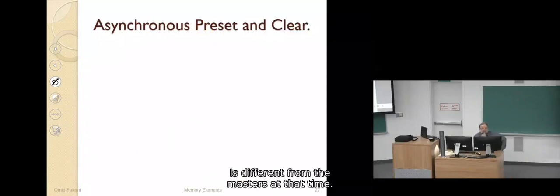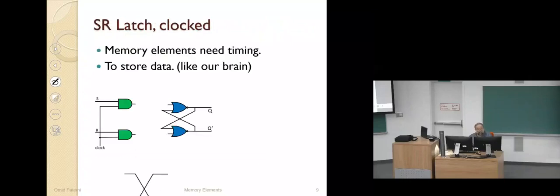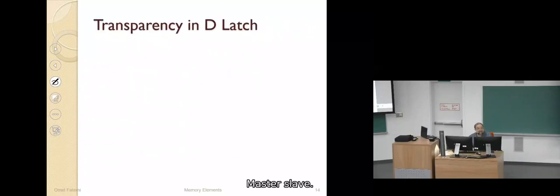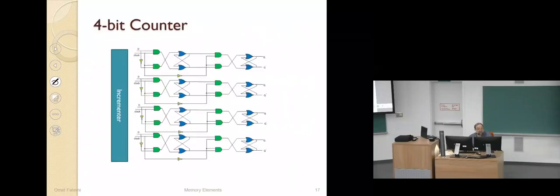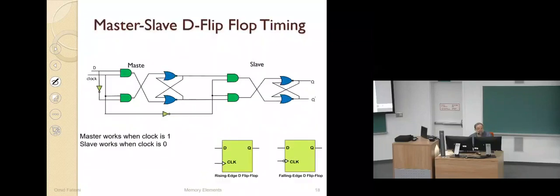Yes? So how is this different from the master-slave flip-flop? At that time I gave you something. Let me see if I have it. Latch, master, slave. Yeah, this one.